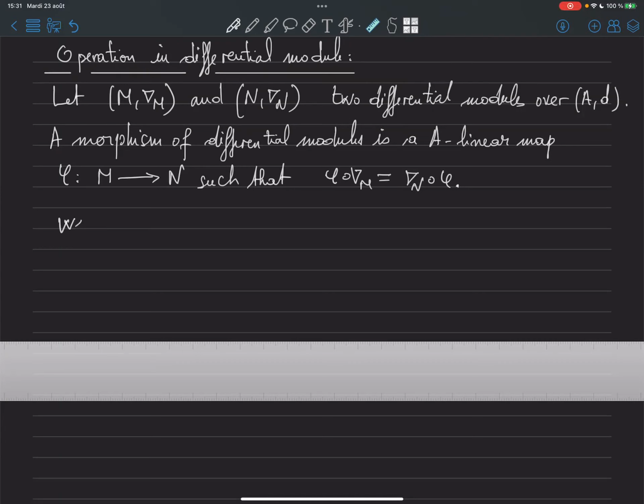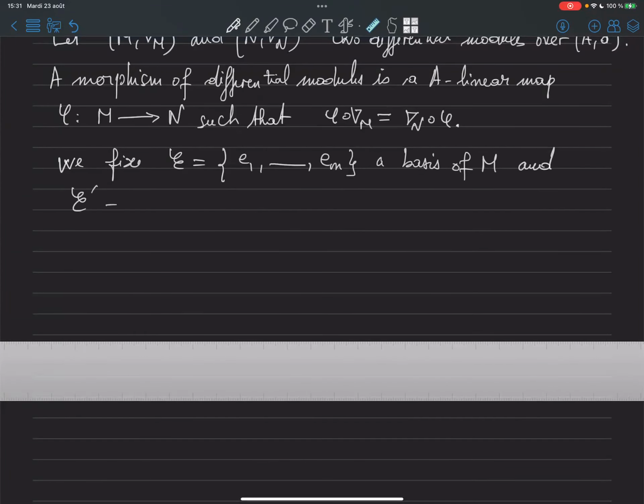If we fix a basis of M, and a basis of N, then let P be a linear map.